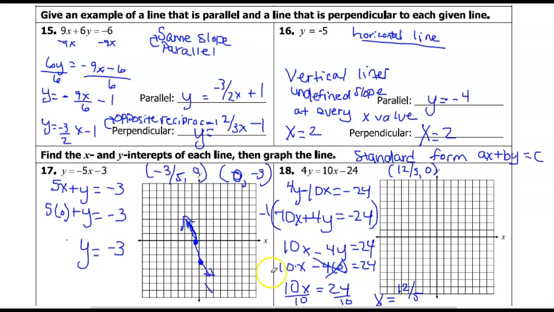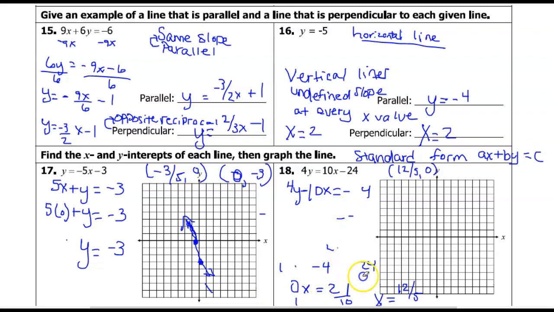Now I'll do the same thing, except this time I always keep getting rid of my equation. This time I'm going to zero out the x value to find the y-intercept.